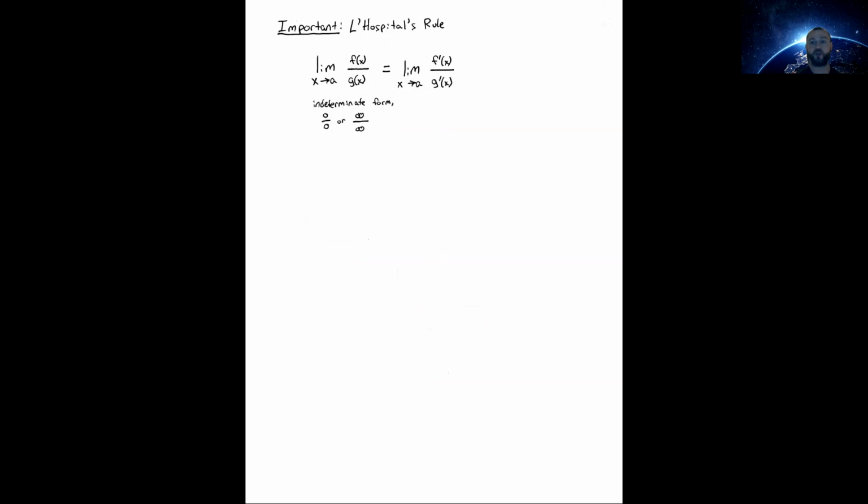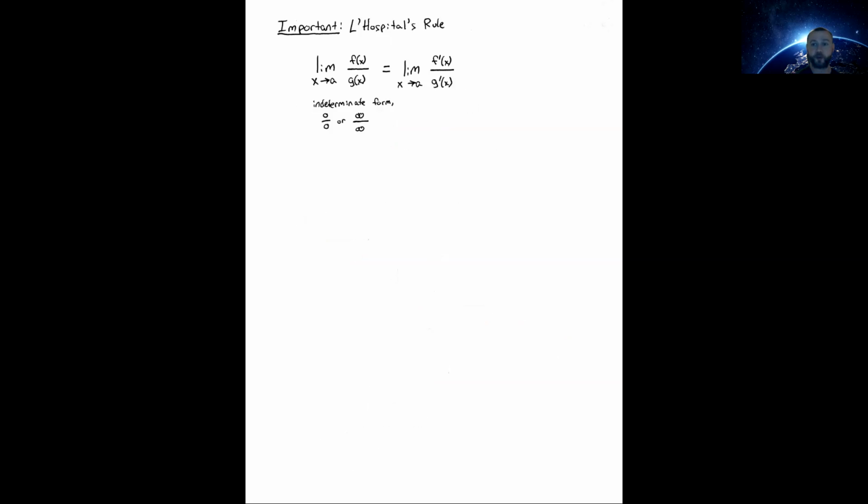All right, before we get to a follow-up example, this is going to be a good time to review what L'Hopital's Rule is. If you say L'Hospital, I will fail you. Remember, L'Hopital's. L'Hopital's Rule deals with limits with indeterminate forms, either 0 over 0 or infinity over infinity. Now you have to have the function defined as a fraction, f of x over g of x.